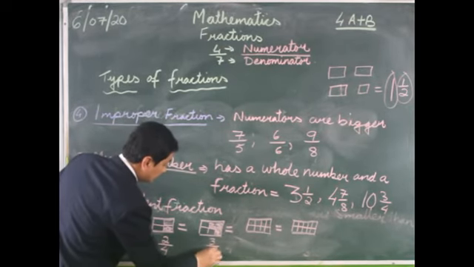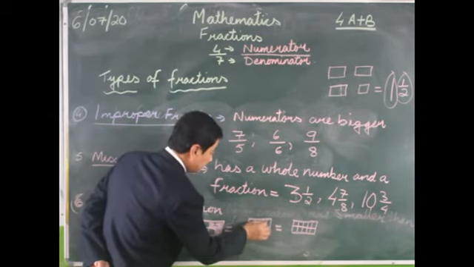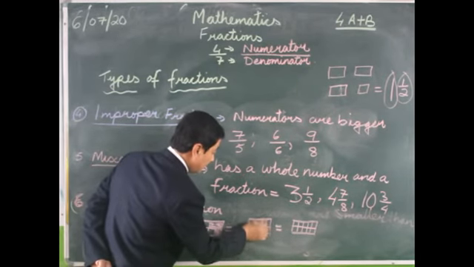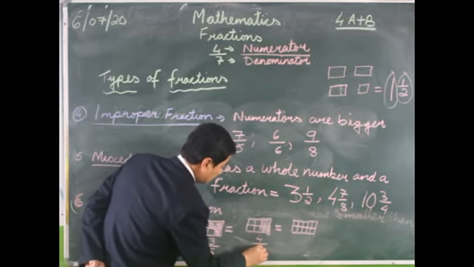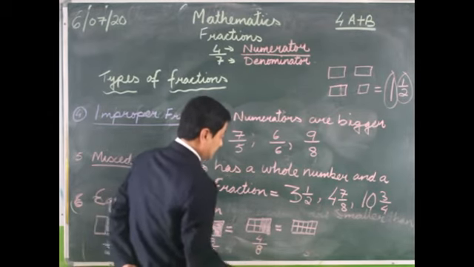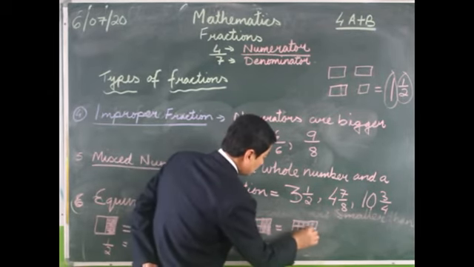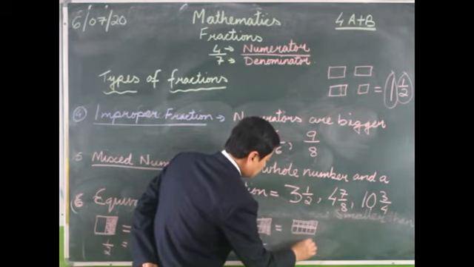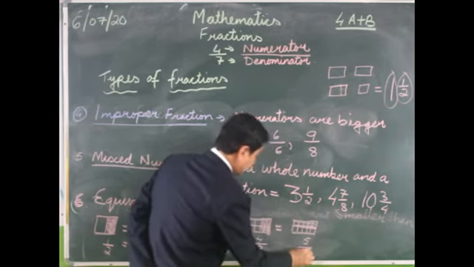Out of 6 parts. Over here you ate 4 parts. Out of how many parts? 10 parts. Out of 8 parts. Here you ate 5 parts out of 10 parts.